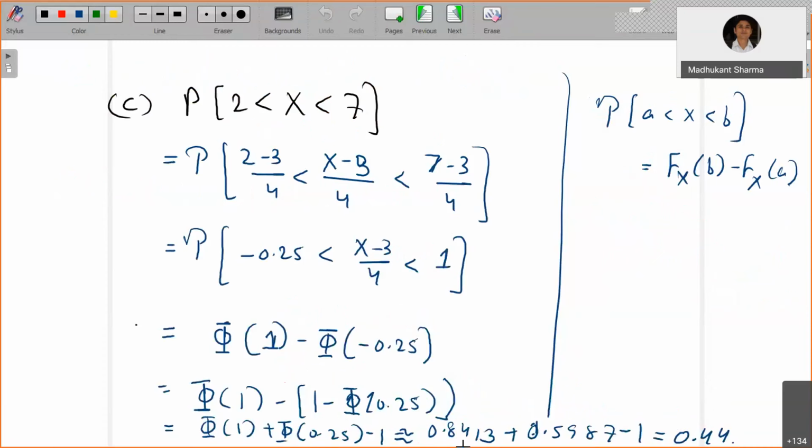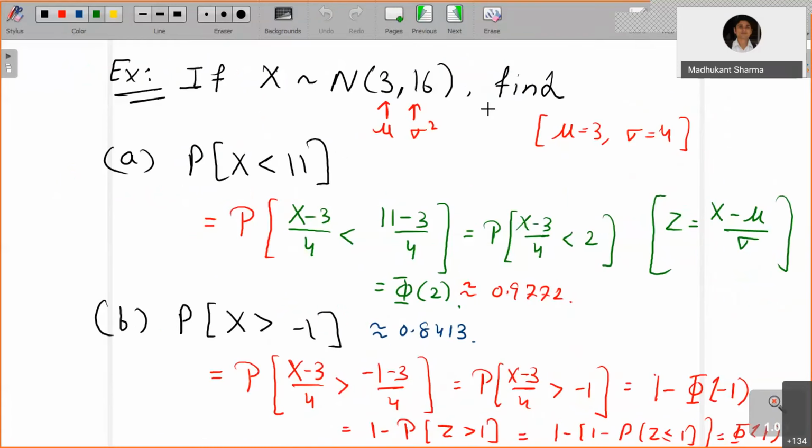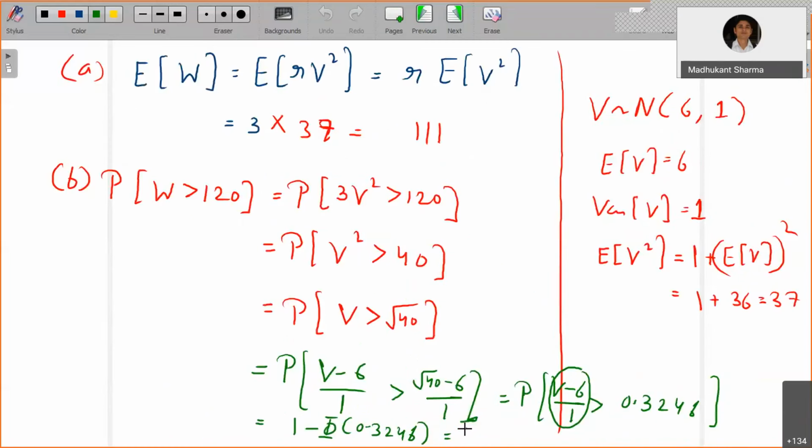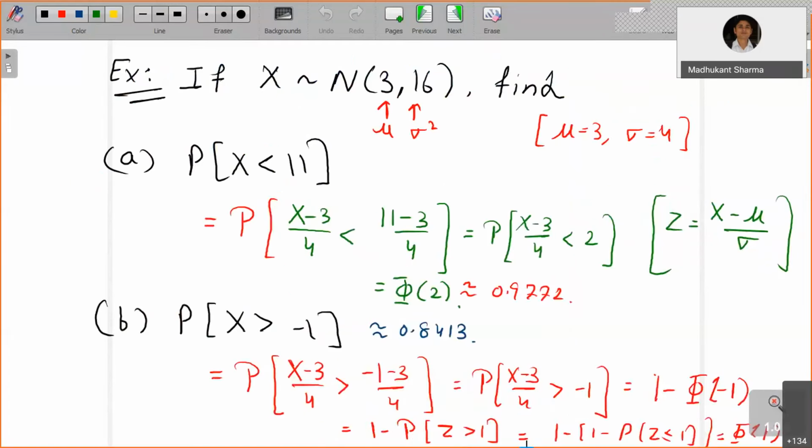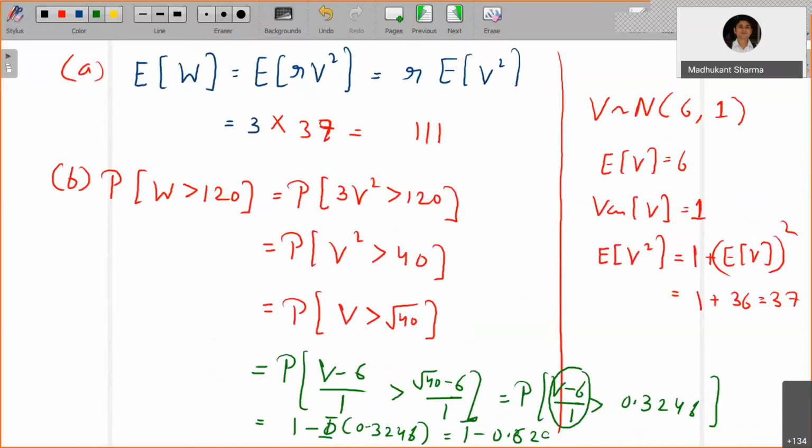So this is 1 minus 0.6293, and that is going to be 0.3707.